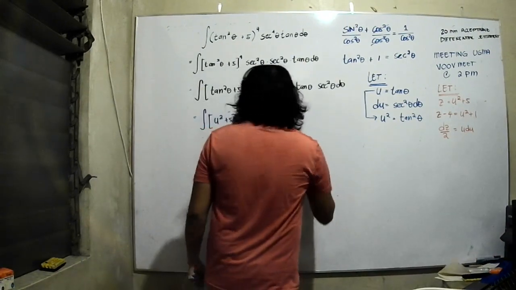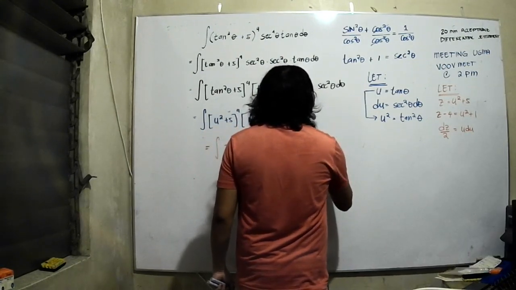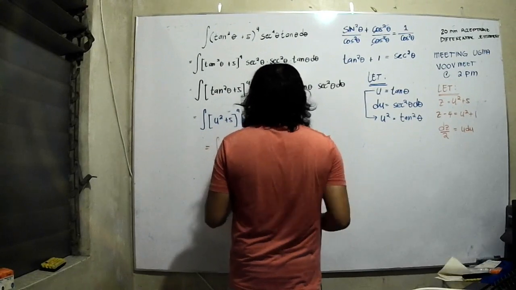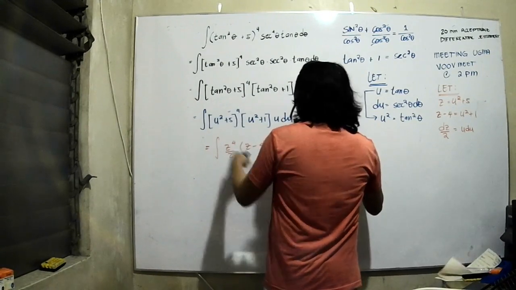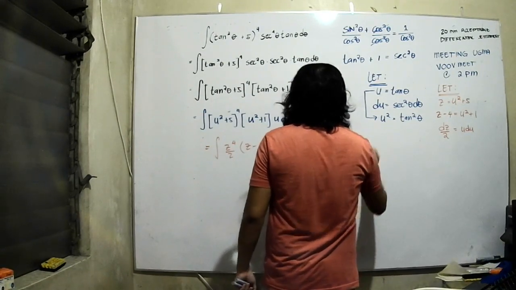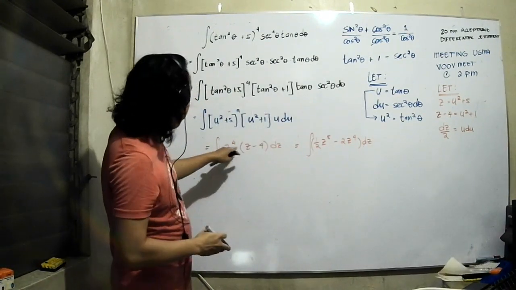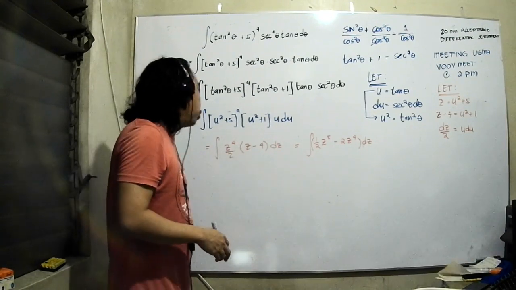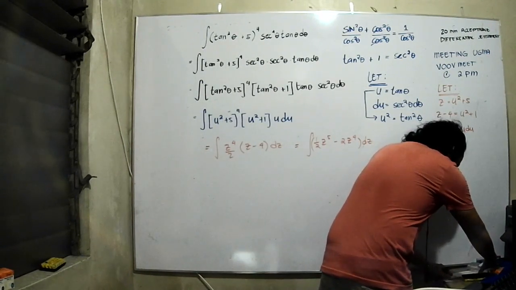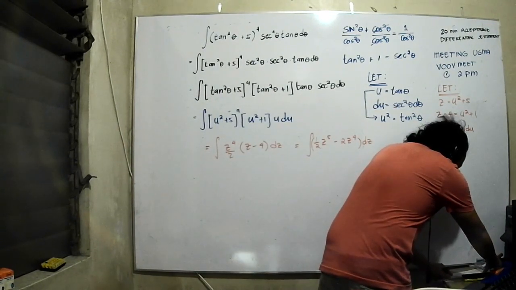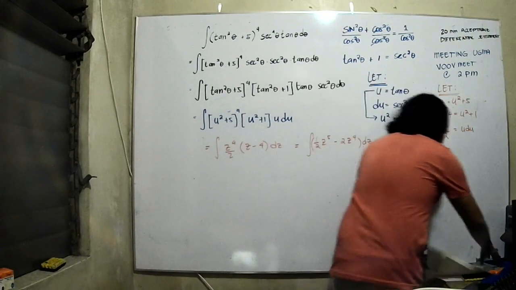What do we get? We will have z to the 5, times 1/2, and I will factor out the 1/2. Then negative 4 over 2, that is negative 2, z to the power of 4 multiplied by dz. Okay, I think this is all right.